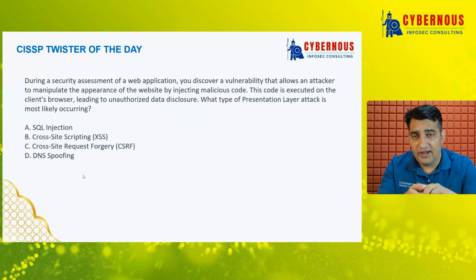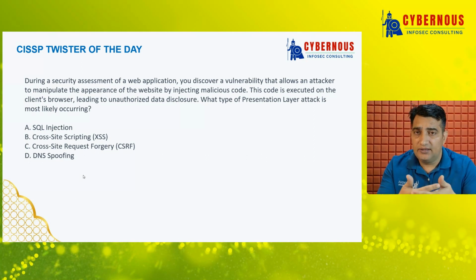When that code gets executed, it may pick up your session cookies and is able to execute a transaction on your behalf and without your consent. That kind of attack is called a cross-site request forgery attack. It goes unnoticed by the user, but because they have the active session, the same session is utilized by the attacker. That's one way of doing it.